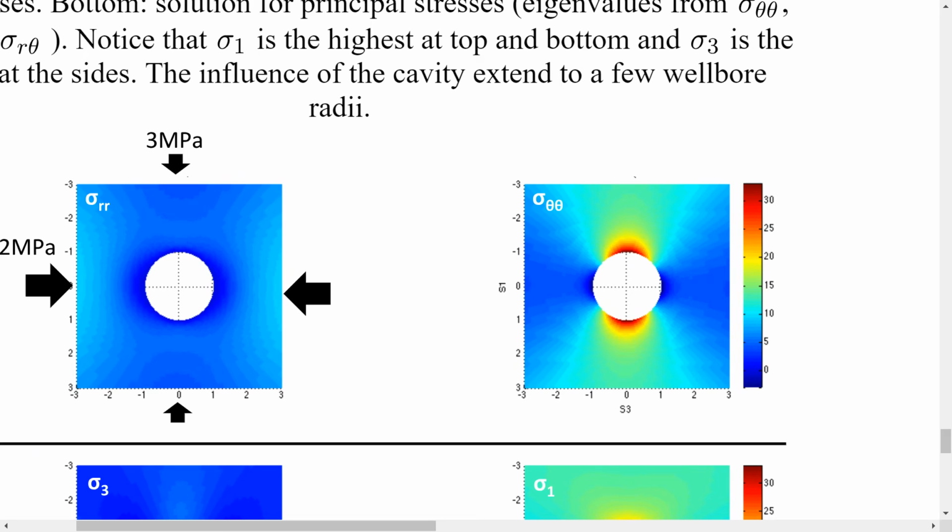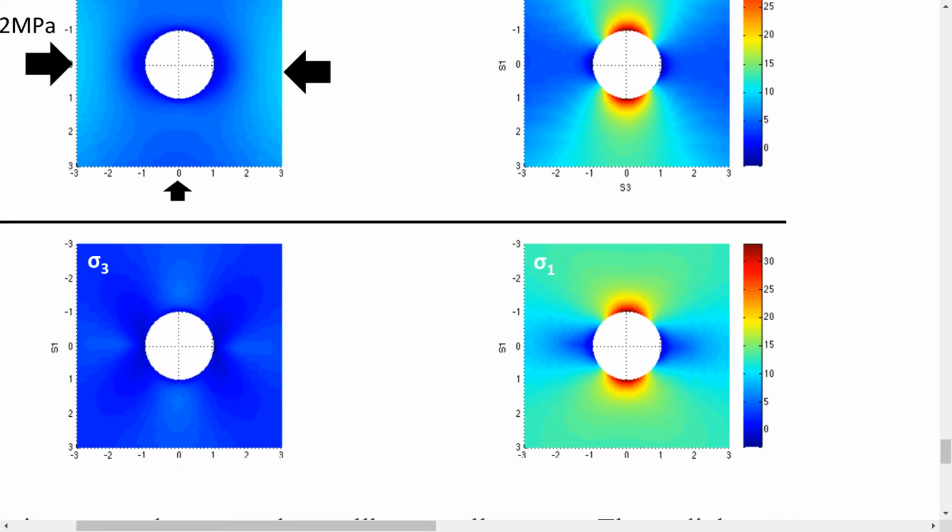Okay, so, but we care about these stresses because we want to say whether the rock is going to fail or not. And in order to do that, we need to go one more step. And instead of computing just the normal stresses, as you know, when we get further from the wellbore, we also have shear stresses. You can also compute the principal stresses.